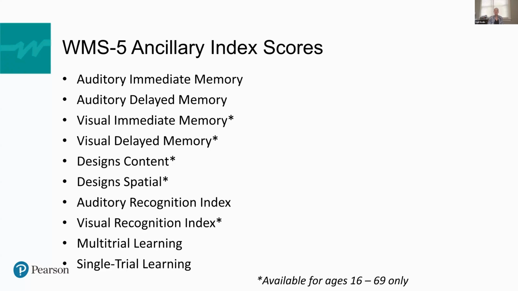In addition, the test allows you, or Q Global or Q Interactive, to calculate cumulative percentage index scores, subtest level differences within index scores, subtest discrepancy comparisons, subtest level contrast scaled scores, and index level contrast scaled scores. Of course, there are numerous scores that can be calculated for ability memory analysis, but we'll get to those in a moment.